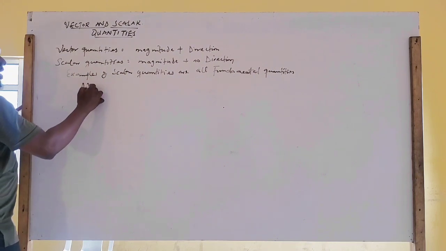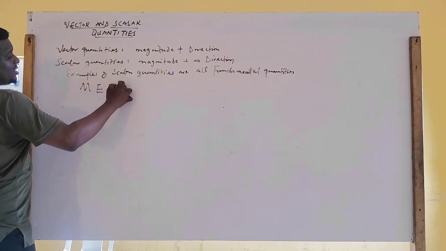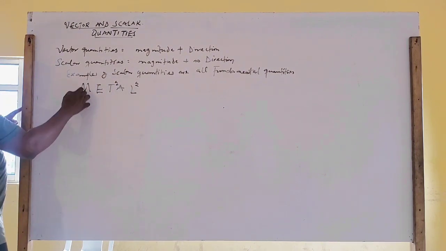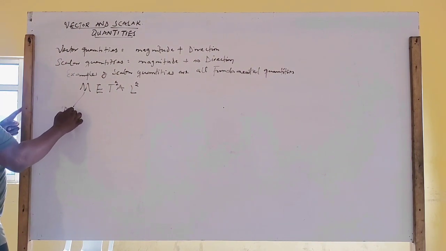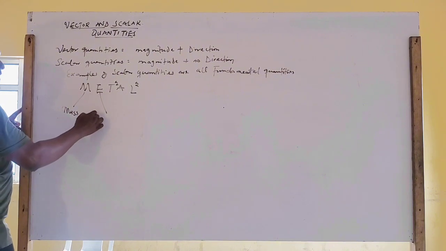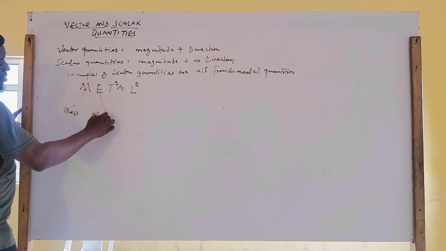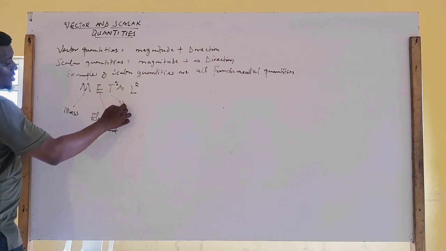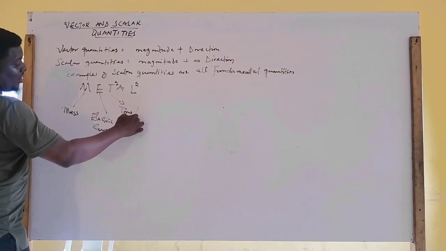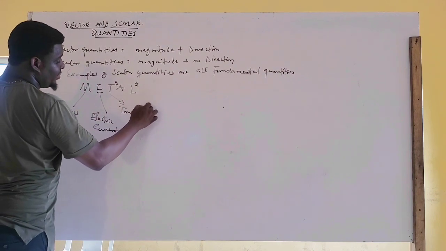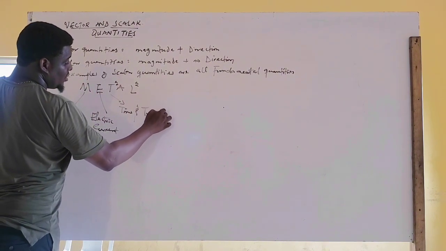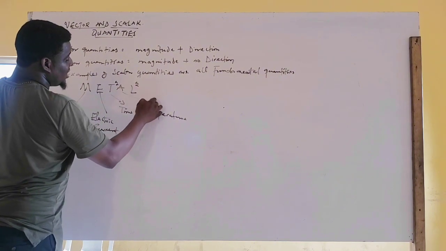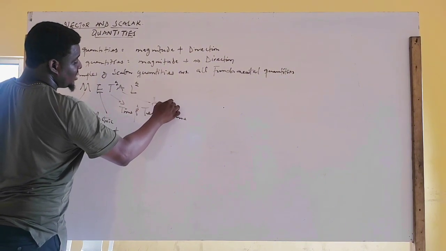We have METAL square, where this is your mass, this is electric current, this is your time, and temperature. This stands as amount of substance.